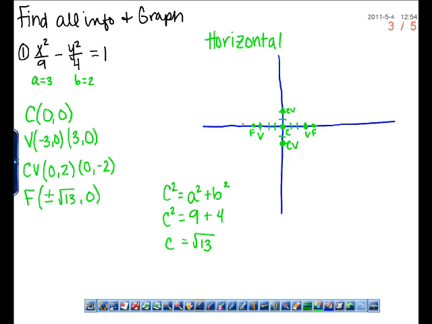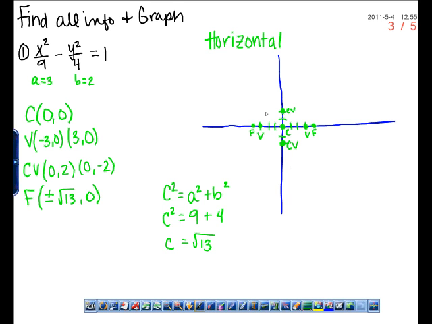Okay? So our first step was to plot our center, our vertices, and our co-vertices. Our next step was to plot our foci. Your third step is we are going to draw in that box that you see on your formula chart. This box, draw it very lightly, okay? It's not really part of the graph. It's there to help you graph.